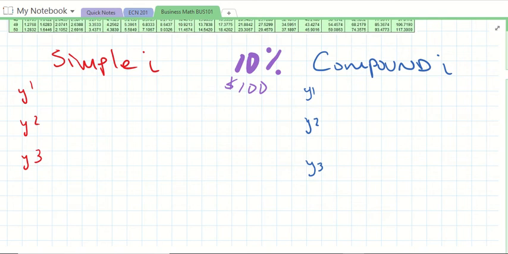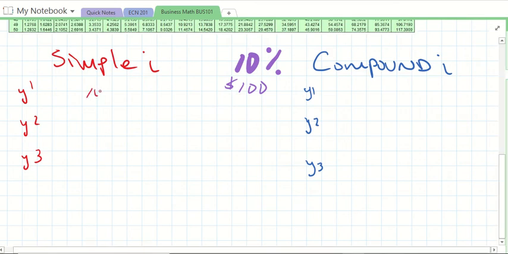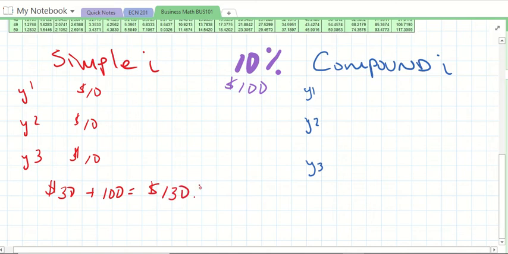And simple interest, it's simple. You earn 10% on $100 every year. So over here, we would earn $10 in year 1, $10 in year 2, and $10 in year 3, for a total of $30 plus our principal equals $130 even.